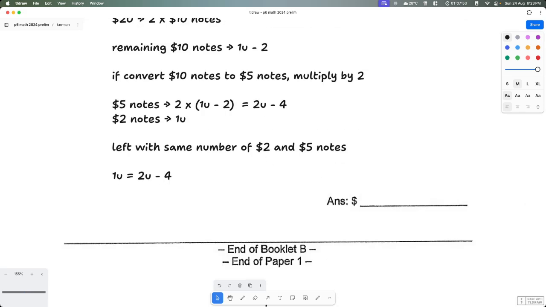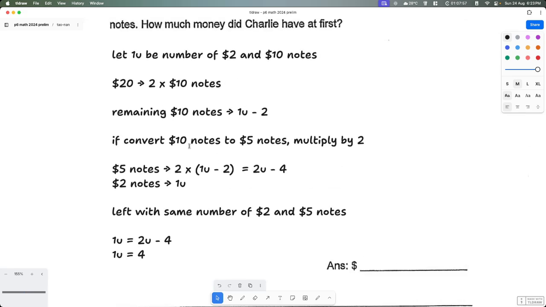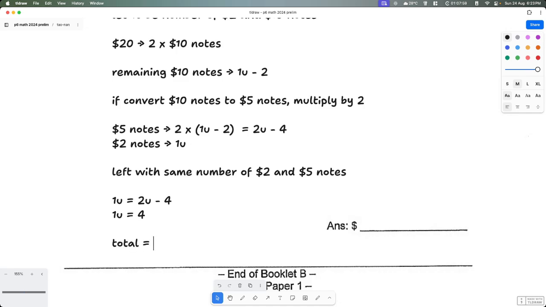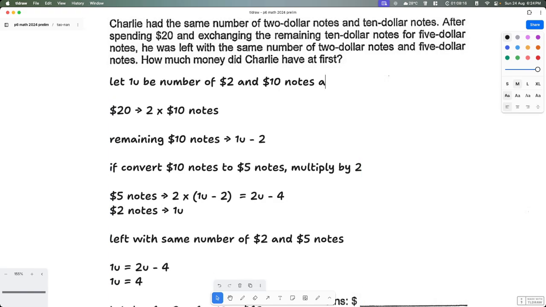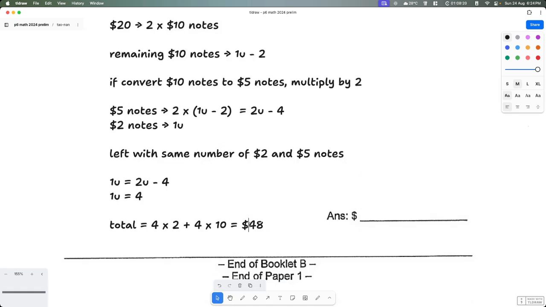That means 1 unit is equal to 4. So then to get the total, it is 4 times 2 plus 4 times 10, which is equal to $48. So in the end we got $48 at first. All right, so the answer to this is $48.